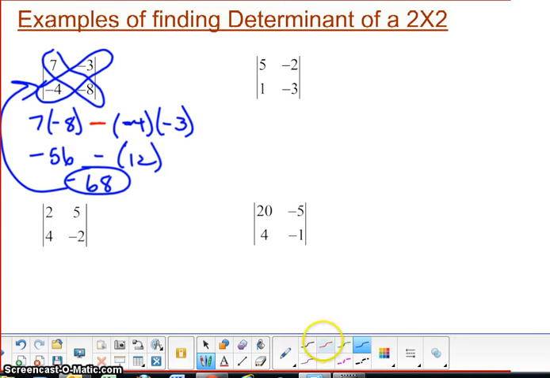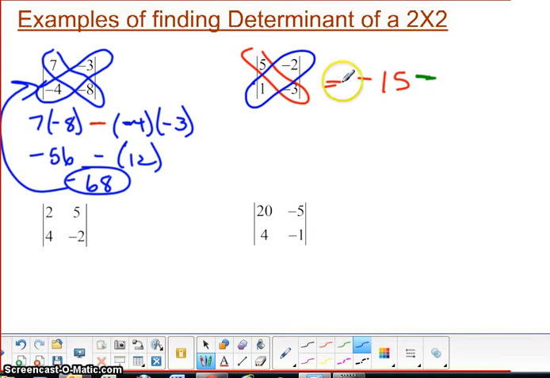Okay, so let's go ahead and try the next one. 5 times negative 3, we know, is a negative 15. Already I'm going to start with shortcuts. Minus, again, very important there, minus the other diagonal, which is 1 times negative 2, so that's a negative 2. And anytime I have two negatives, I'm going to make those positive.